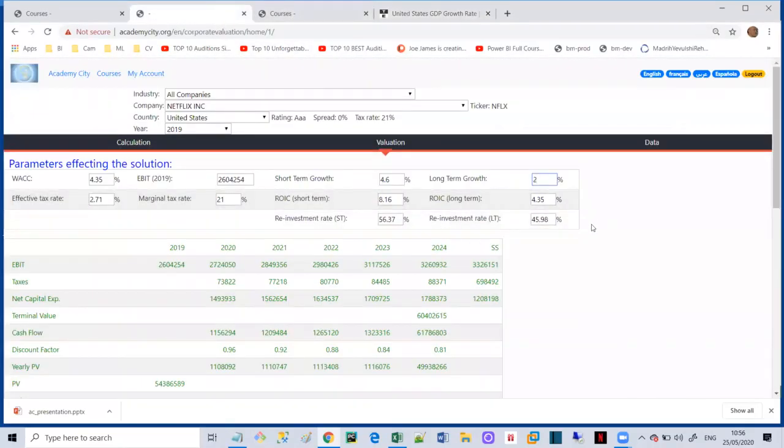That's why I put 2% here. So if you are able to convince me to use 2.1, I won't argue with you. But if you put here 4%, I most likely will doubt it. Or if you put 5%, okay?